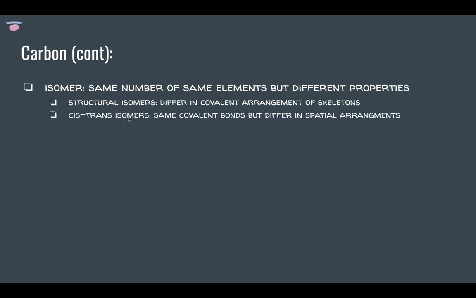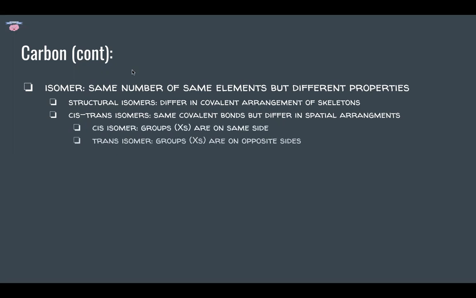Cis-trans isomers have the same covalent bonds, but different spatial arrangements. In a cis isomer, the X's are on the same side, and in the trans isomer, the X's are on opposite sides. When we say X's, I basically mean groups. So it can start with a C and it has some element, maybe H over here and H over here.